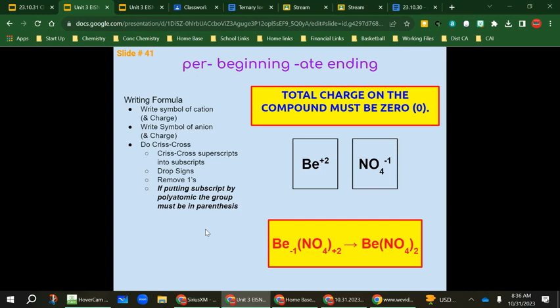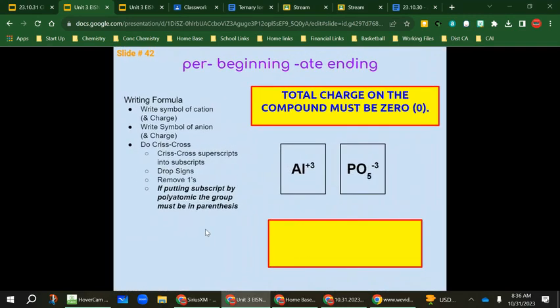What is Be? Beryllium. Beryllium pernitrate. Again, same compound we did a minute ago with a PO2. Now we're at a PO5. Its charge doesn't change. So when we do the crisscross, we still have a positive 3 by the PO5 and a negative 3 by the aluminum. That means these can still be reduced, ladies and gentlemen, down to AlPO5.